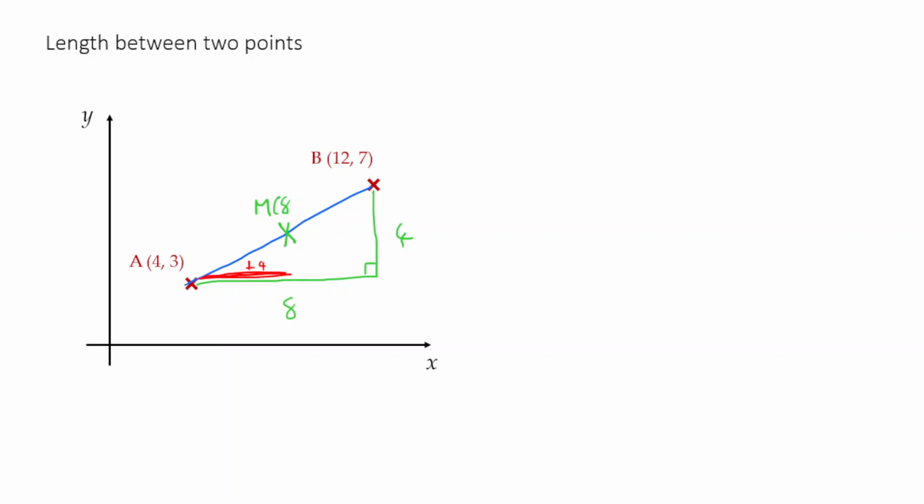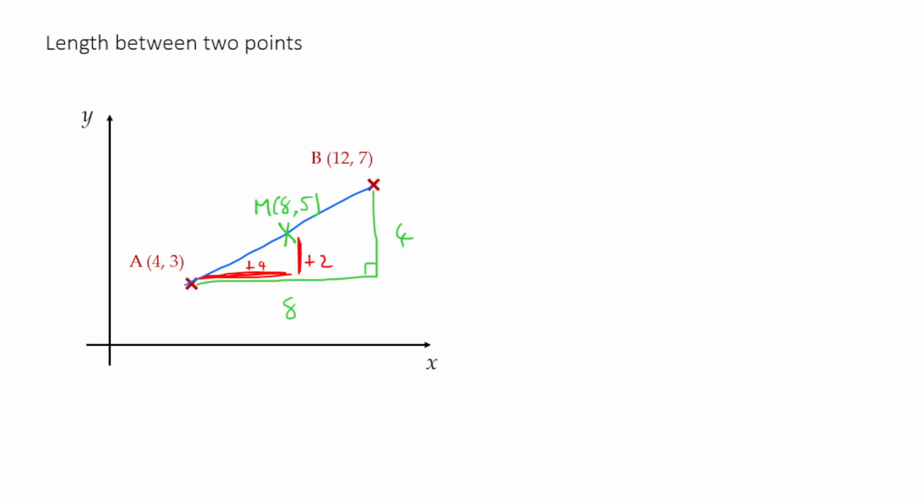Well, if I start at A, which has a y value of 3, then I've got to travel up half of that distance of 4, which is 2, in order to get to the midpoint. So my y-coordinate at the midpoint is going to be 3 plus 2, which is 5. Do you understand that?